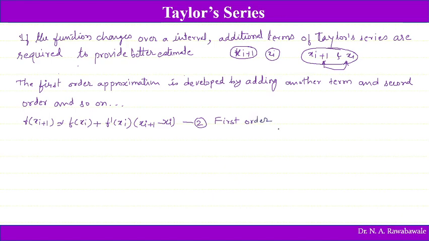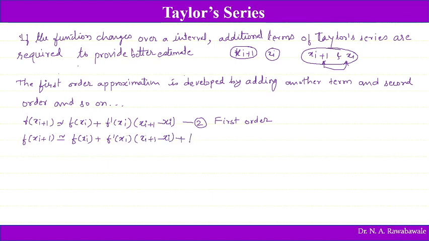First order Taylor series. Then to get second order, f of xi plus 1 is approximately equal to f of xi plus f dash of xi times xi plus 1 minus xi. This is first order.